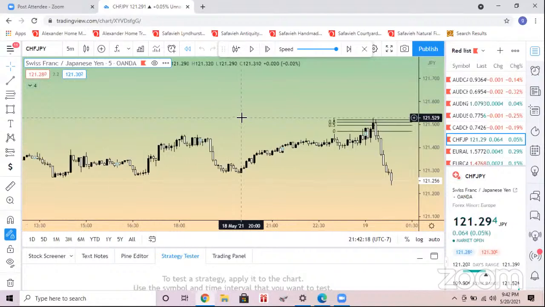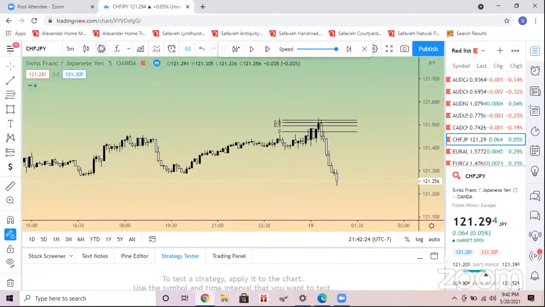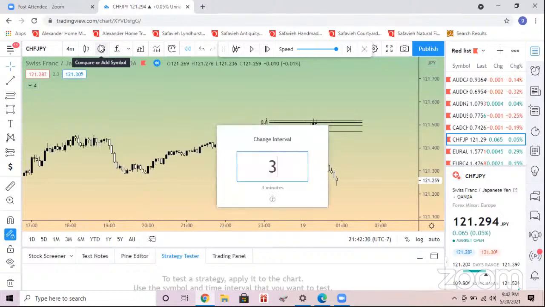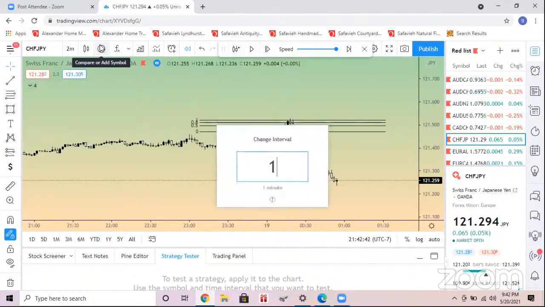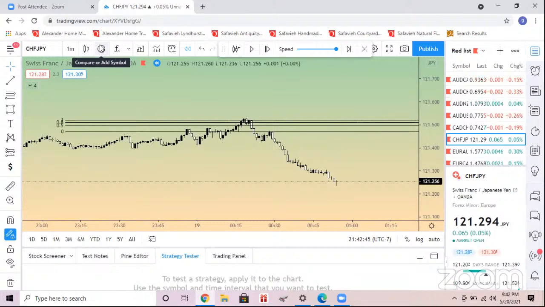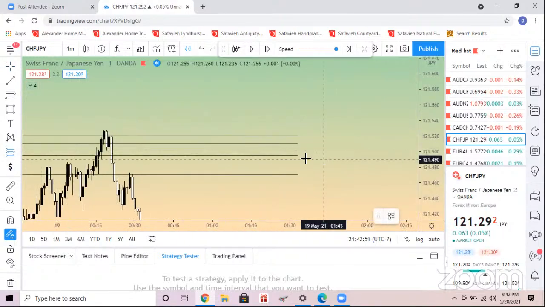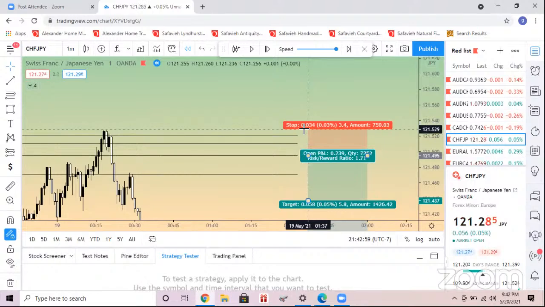It looks like the 50% of the 5 minute lines up with the 50 almost. The 4 lines up with the 50. There's imbalance at the 50 as well. So it looks like I'll be taking the 50. There wasn't very much or any confluence at the 80, so no reason really to come up there.